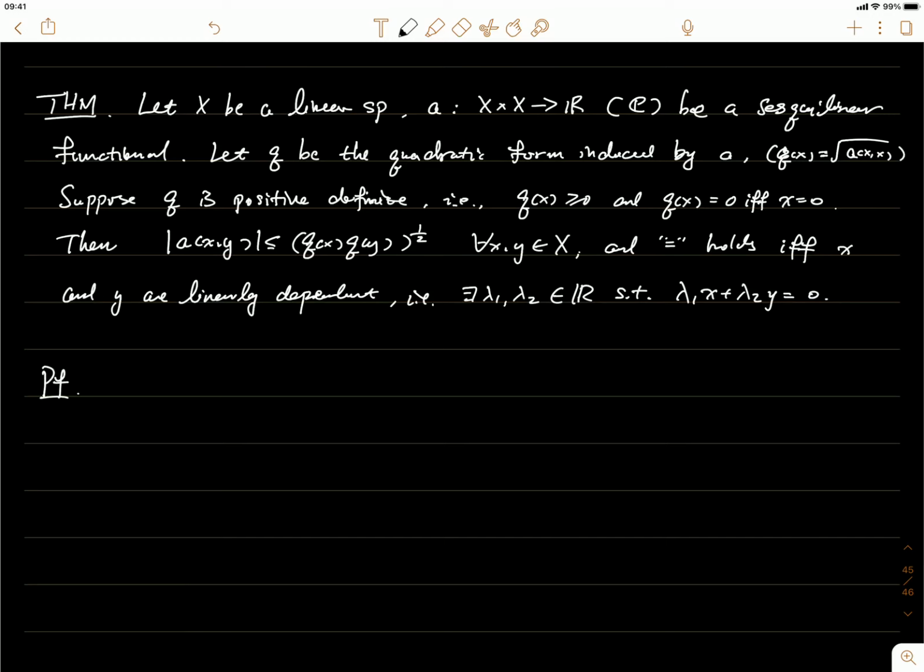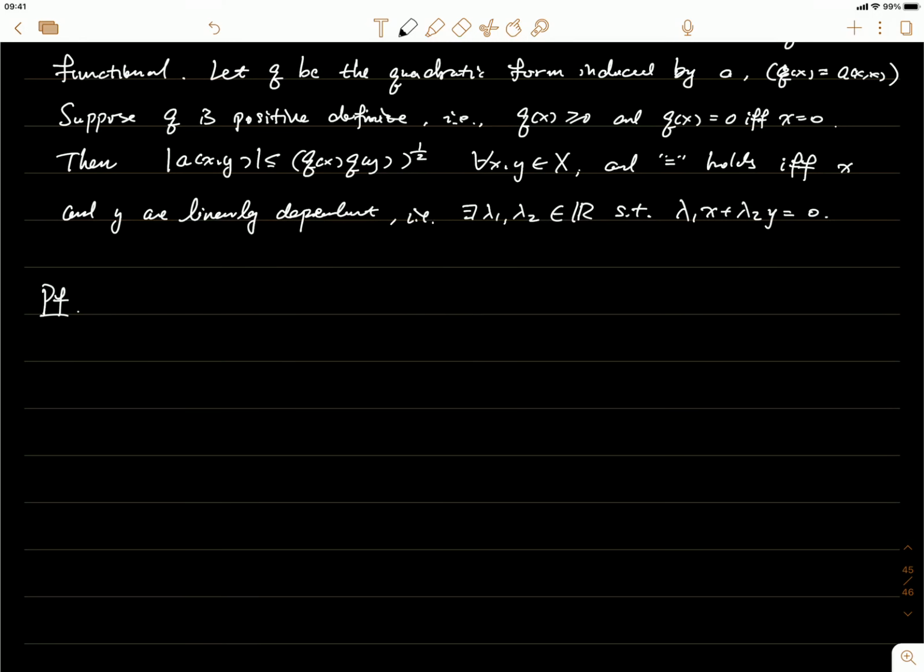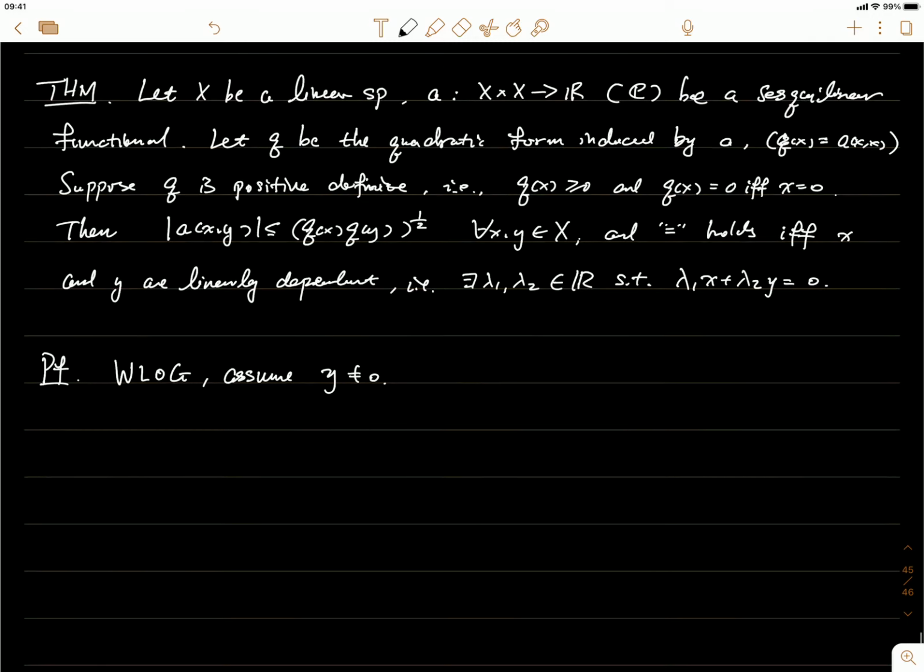Okay, so the proof. Without loss of generality, we assume that y is non-zero. I will only prove the real case, so here we'll assume this to be just real.